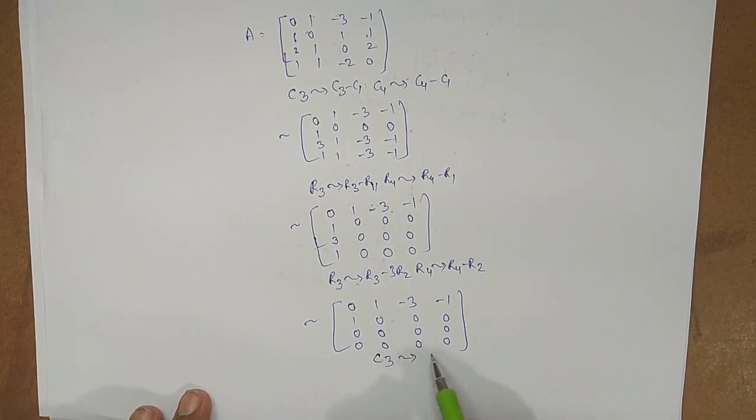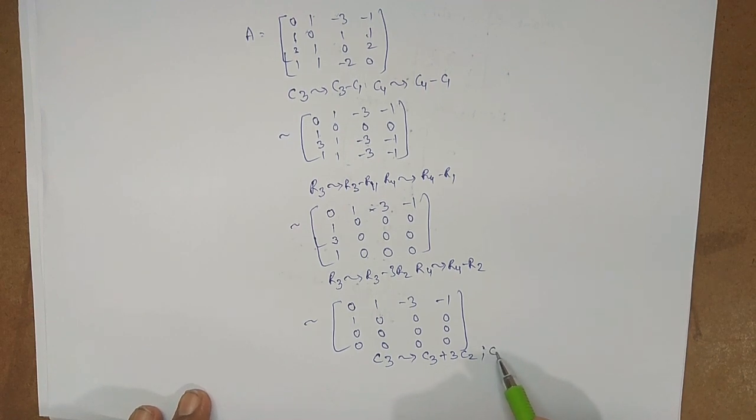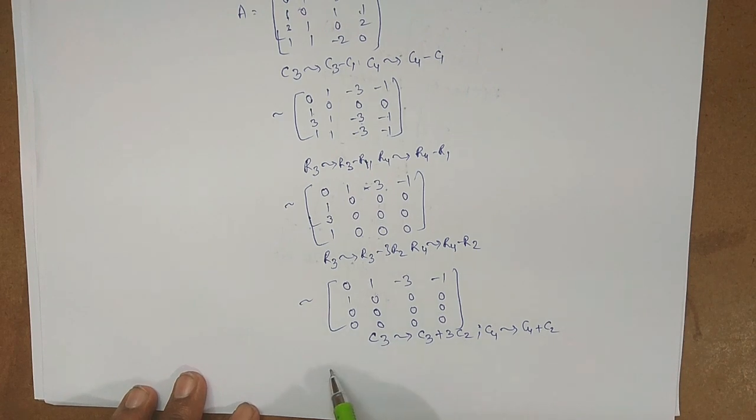So C3 gives rise to C3 plus 3C2, and again what is the second thing? C4 gives rise to C4 plus C2, right? So what will you get here?